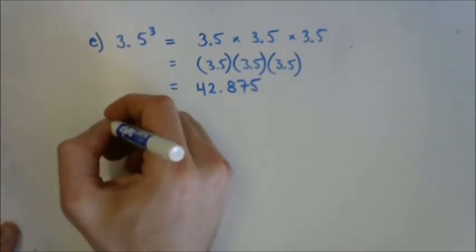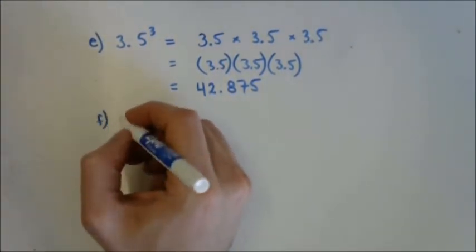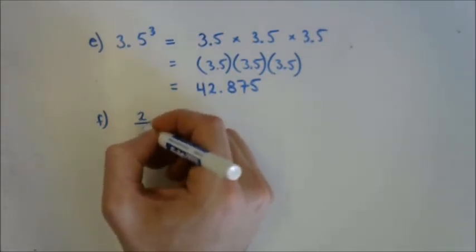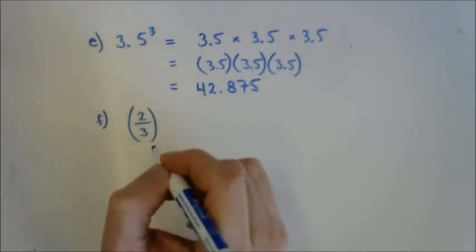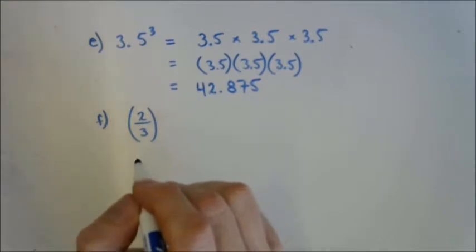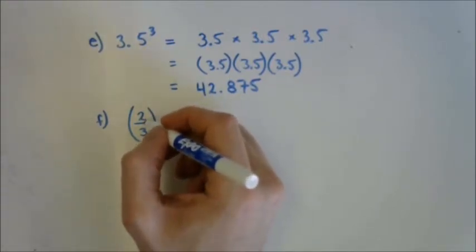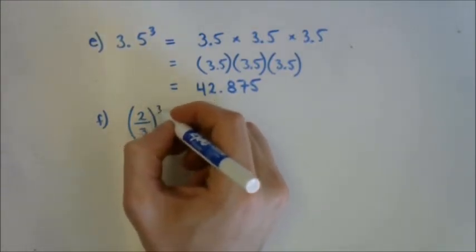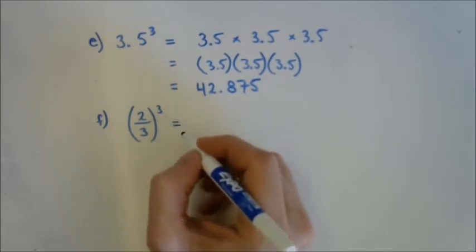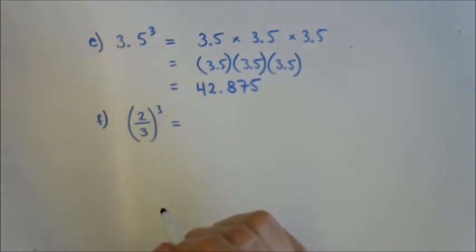The last one, F, is also a rational number, but this time it is in fraction form, 2/3 to the power of 3. Now it might not be immediately obvious what to do here, which is why we're asked to put it in expanded form first.